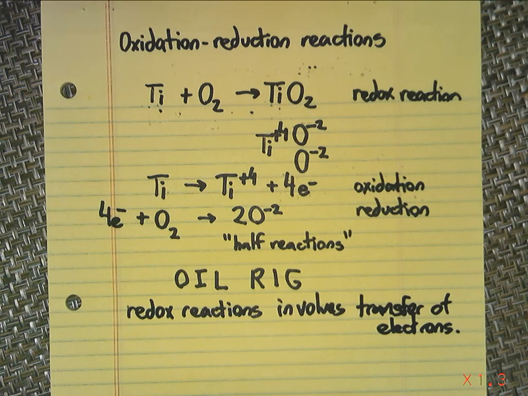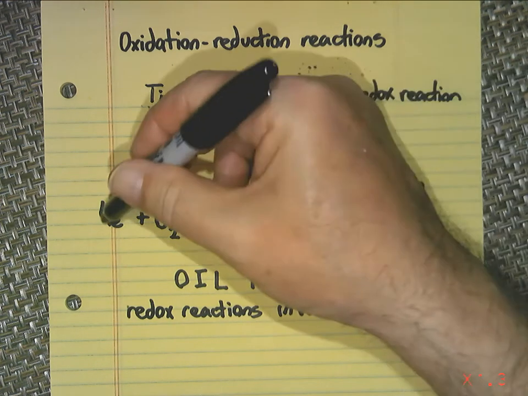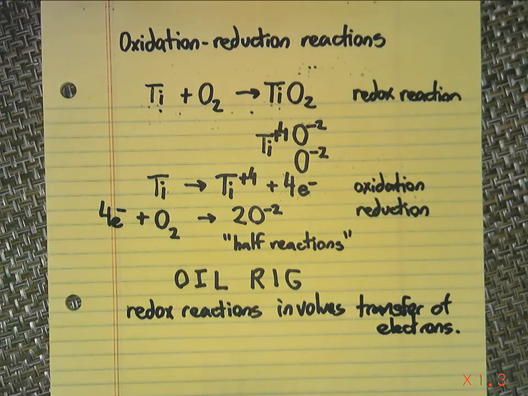Suppose I ask you on the test, define redox reaction. You would say it's a reaction that involves a transfer of electrons. That's the simple definition for it. So something has to give them up and something has to take them, soak them up.